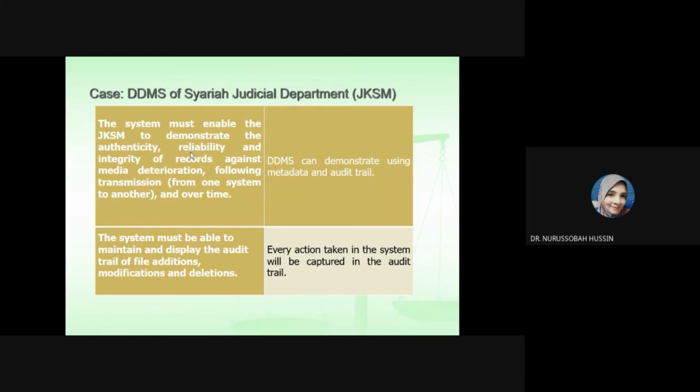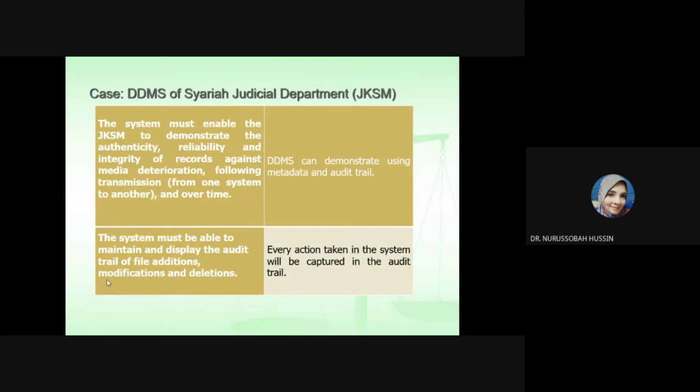In addition, another example of a functional requirement is that the system must be able to maintain and display the audit trail of file addition, modification, and deletion. Basically, every action taken in the system must be captured in the audit trail.